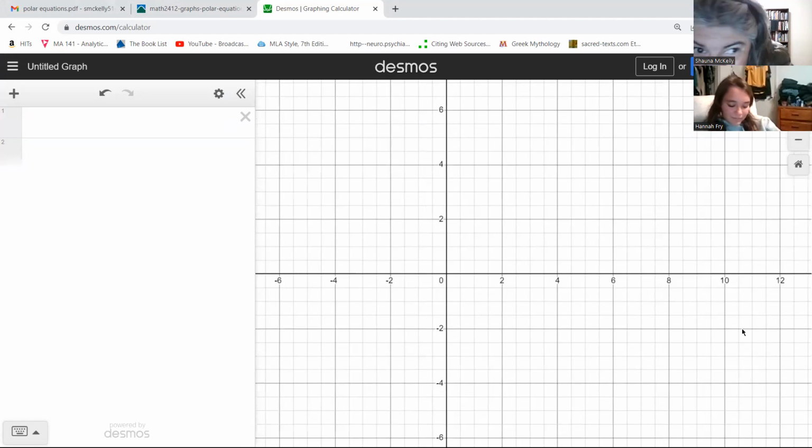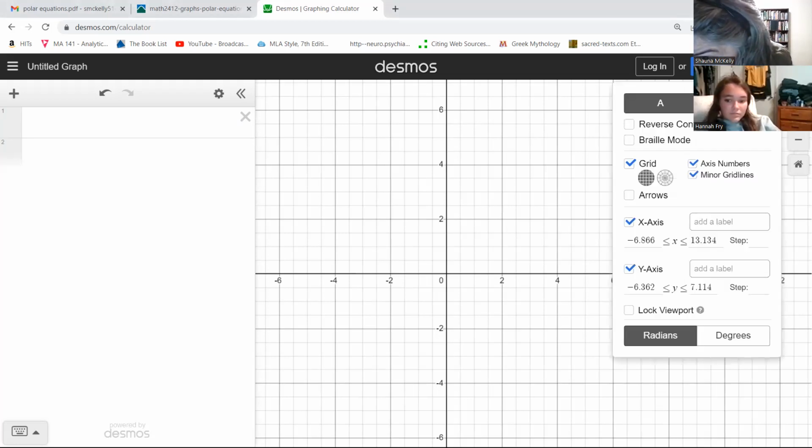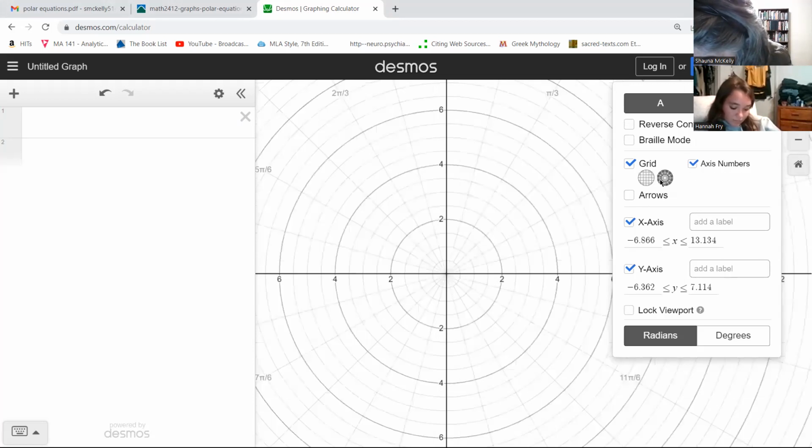Let me see if I can change this, give me a second here. Okay, I close you up because I need to set the settings for something.